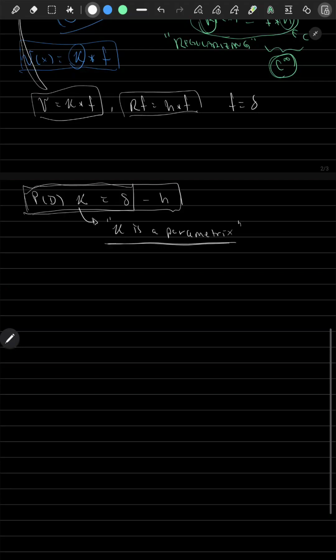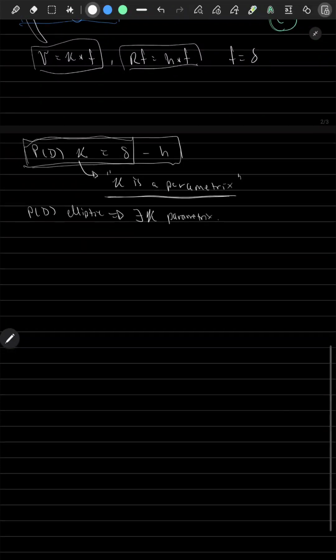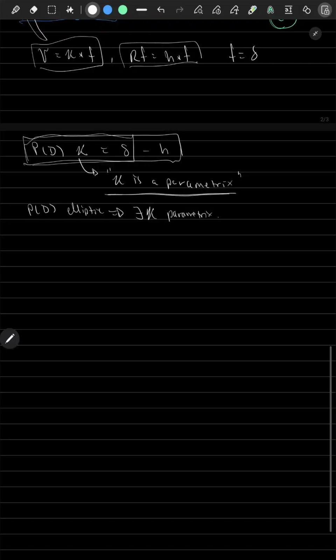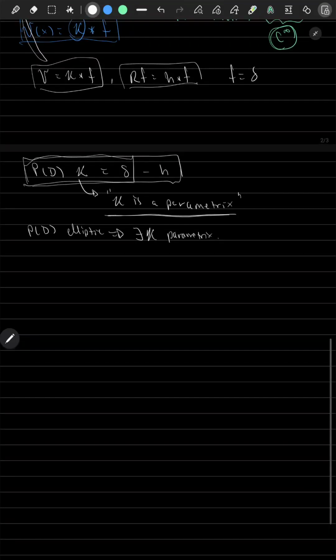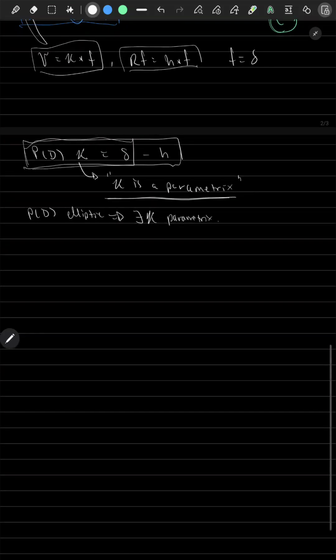So that's nice. So we know if P_D is constant coefficient and elliptic, then we can find a parametrix. Not only does there exist one, but we can find it. We have just constructed one. Okay. So in fact, before I move on to some other observations, I should note that in this case, we can actually obtain a fundamental solution based on the parametrix.